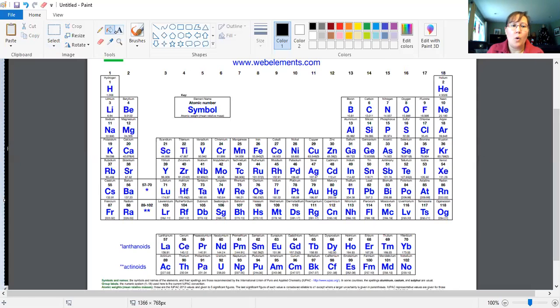So let's look at some things, because one thing that's really important now is that we need to be able to identify where things are on our periodic table. Everything here that I have in blue, these are what we call group 1.